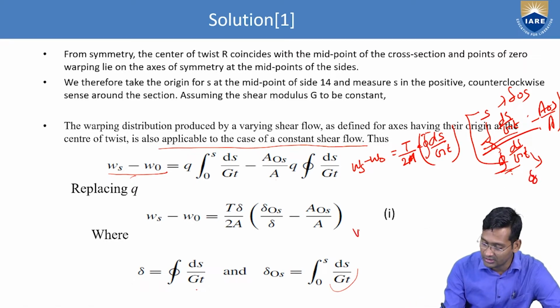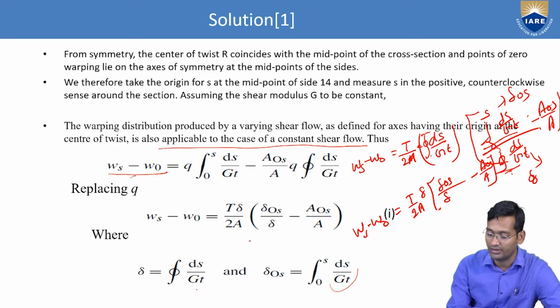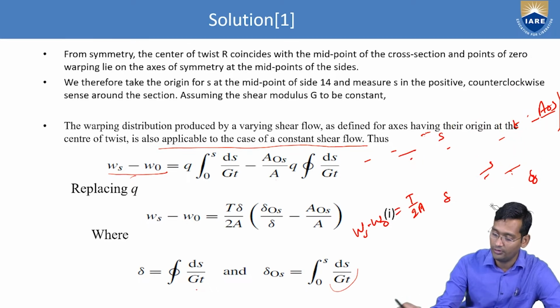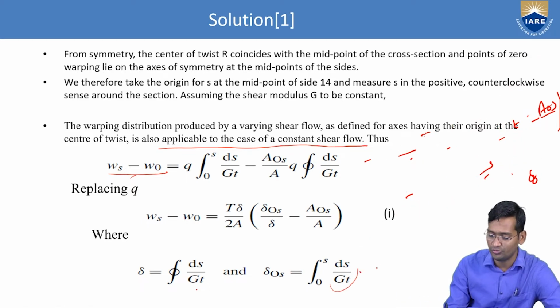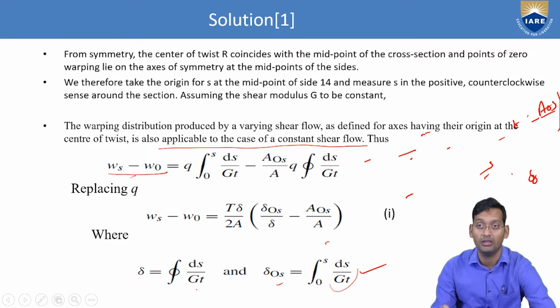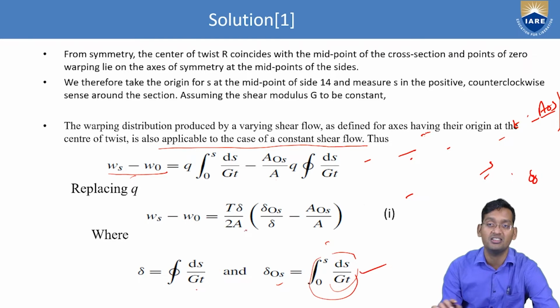After that, what will we get? W_S minus W naught equals T by 2A. This is our delta, so delta, then delta_OS. So delta_OS by delta minus A_OS by A. Here we assume this as a small quantity, delta_OS, but that is not simplifying; this is the bigger one, just written in a simplified way.